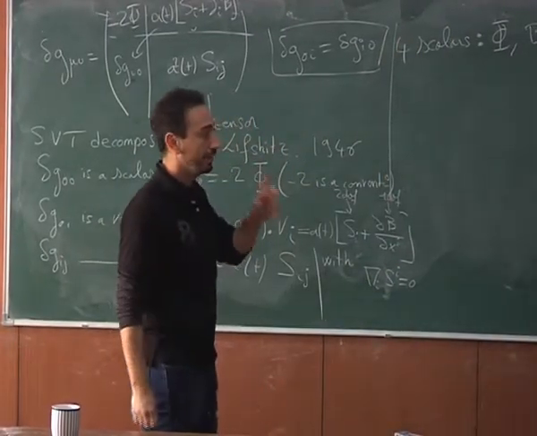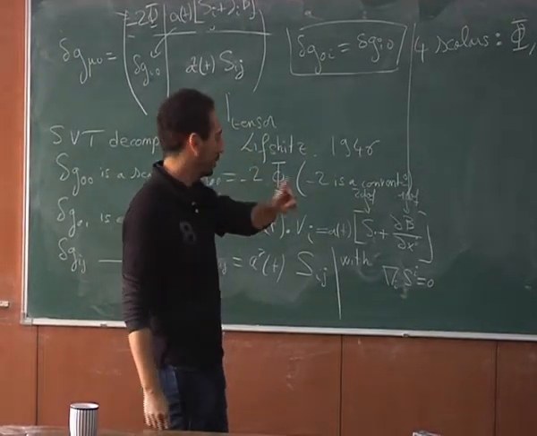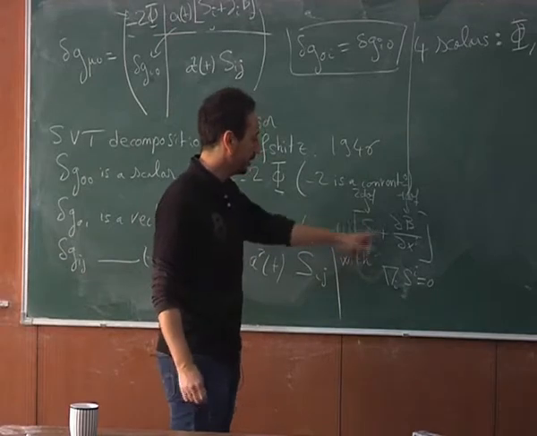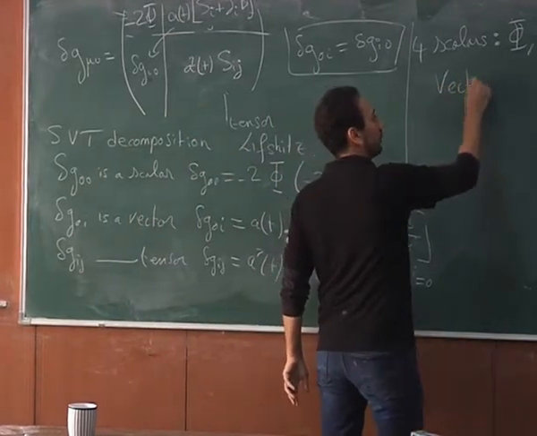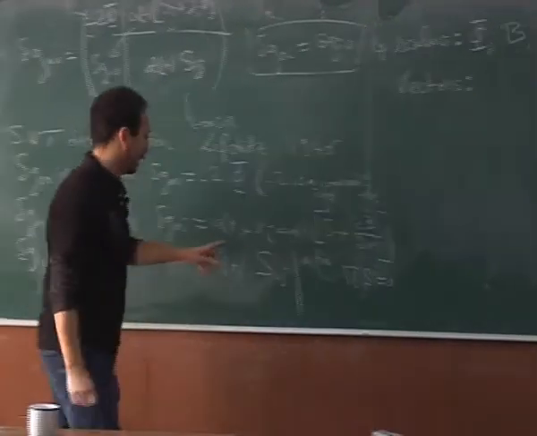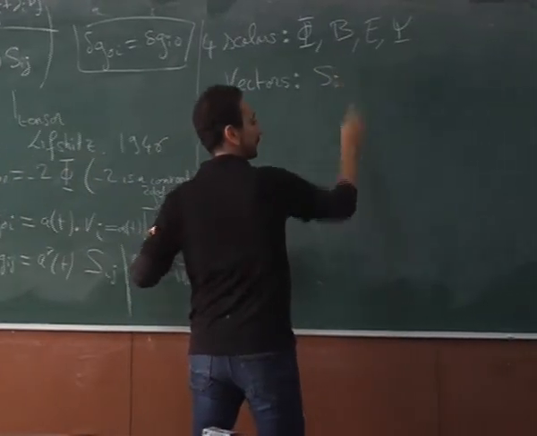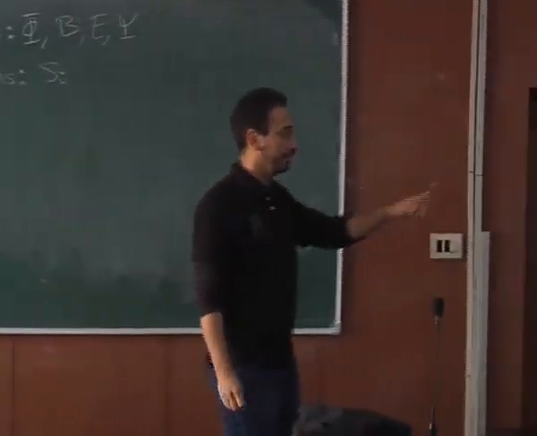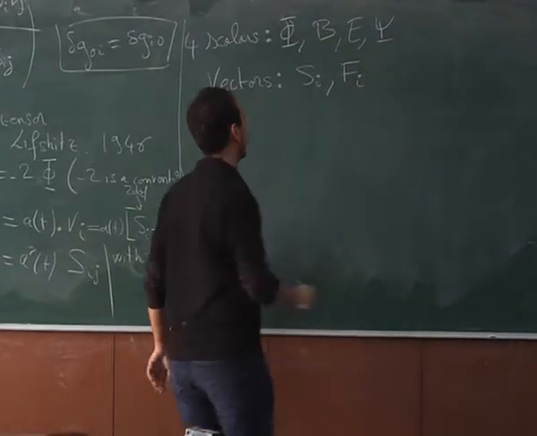How many pure vectors? Each vector doesn't have three components but only two, because there is always the condition that the divergence is 0. I have this vector Si, and I have the vector F, which is there. So we have two vectors.